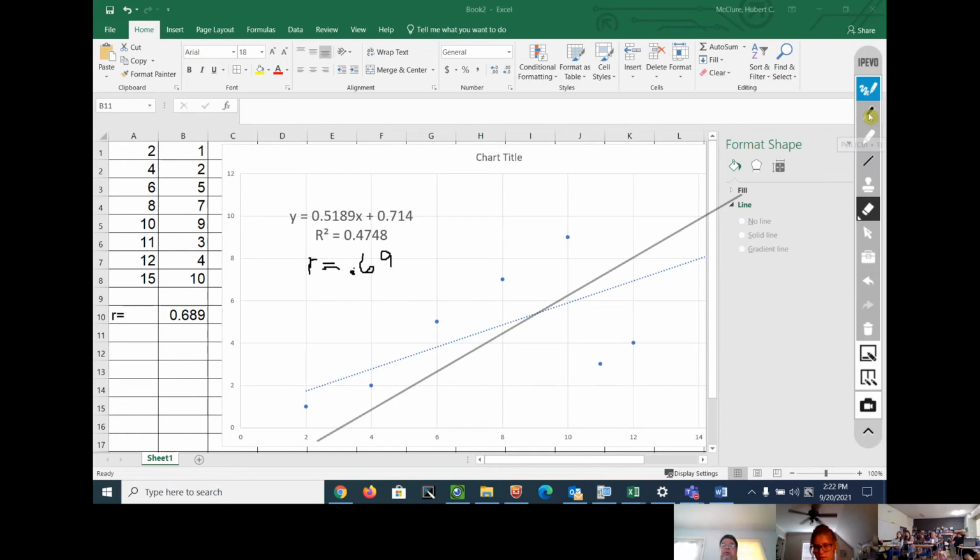So, I'm going to erase this line right here because we don't need it, because that was my eyeball. So there is your line of regression.